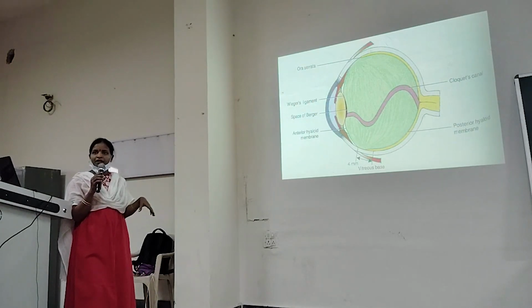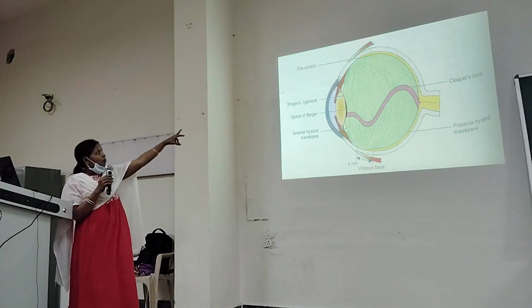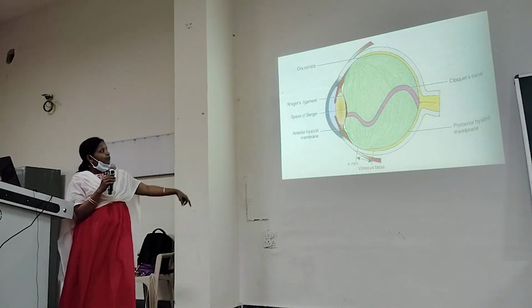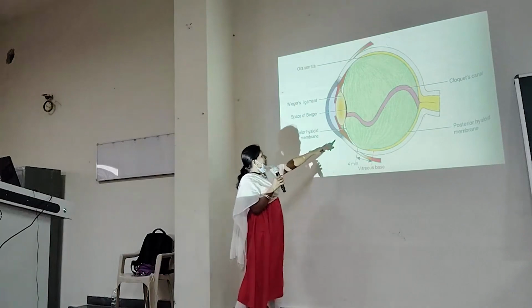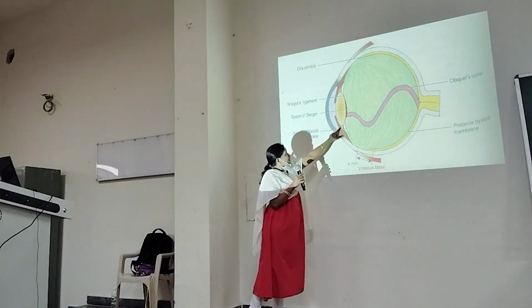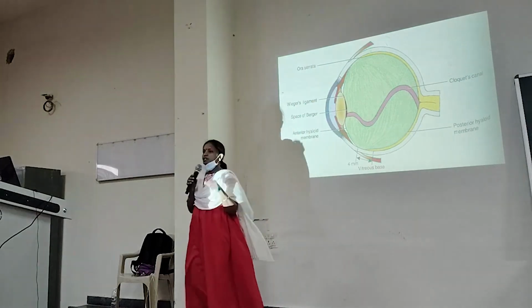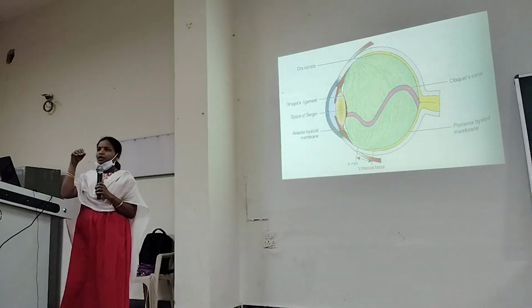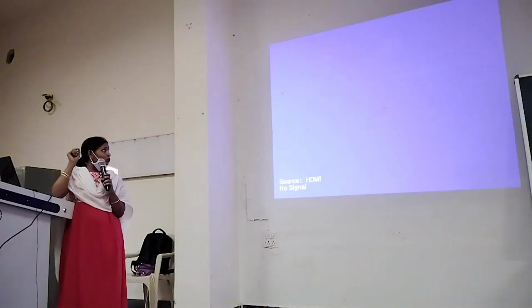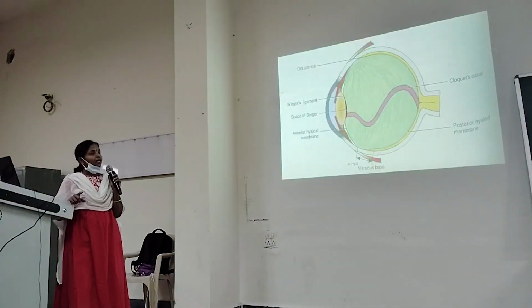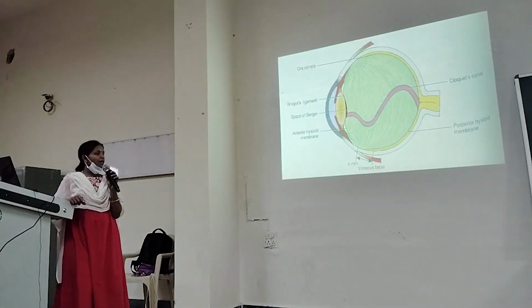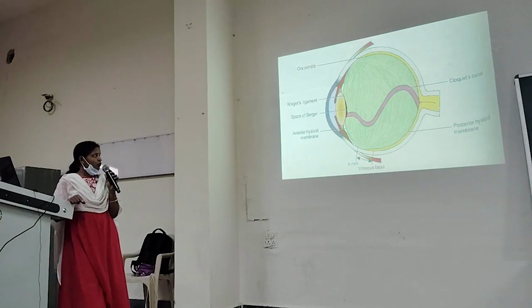How is it suspended? It is supported from the ciliary body. This part is the iris, this is the ciliary body, and you can see fine fibers connecting from the ciliary body to the lens. That is the ciliary zonule. So it is located behind the iris and in front of the vitreous cavity, and that is the patellar fossa.